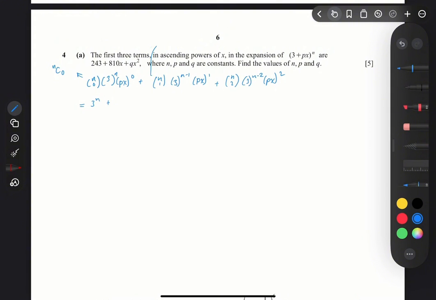And then this is nC1, which will be n, times 3 to the power of n minus 1 px, plus nC2, 3 to the power of n minus 2, p squared x squared.